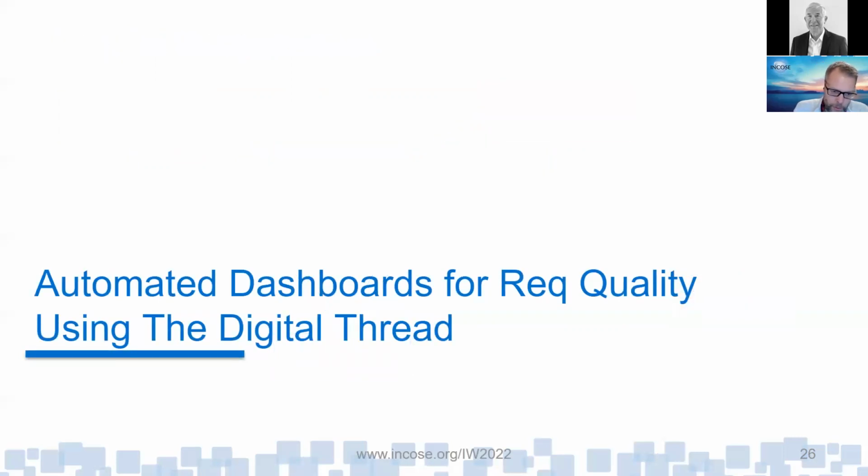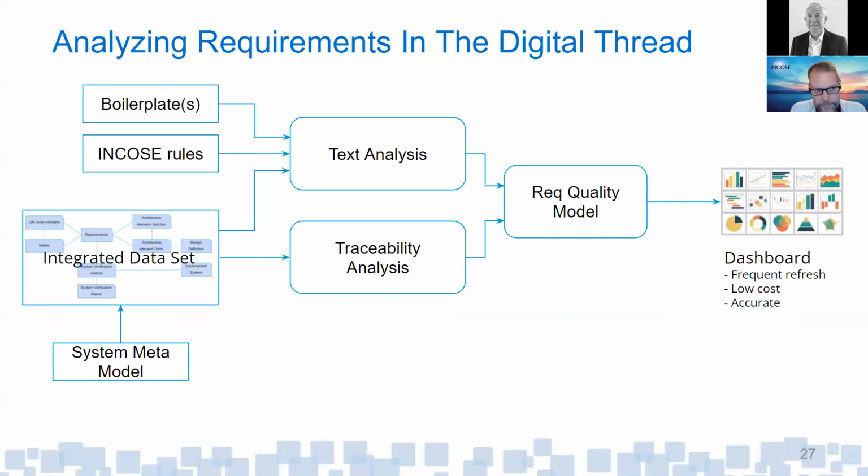So just to wrap it up here, the functions that you need in order to analyze requirements in a digital thread. Let's look at the inputs here. So we still have our boilerplates, we have the rules, we have the integrated data set, and that needs to be produced according to some kind of system meta model that is handshaked up front.